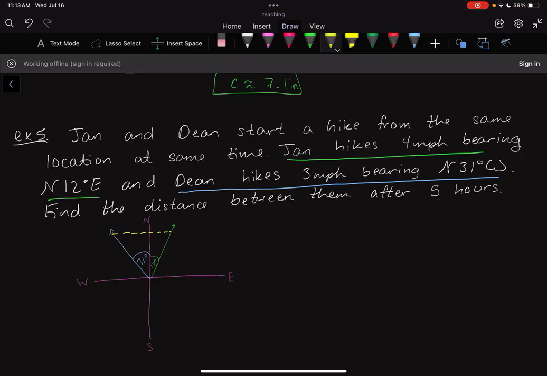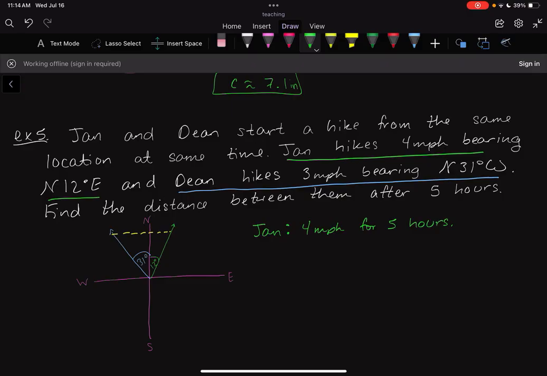Now it's looking like I have my central angle, but we have to figure out what the side lengths are. So think about this. If Jan hikes 4 miles per hour, how many miles does she hike after 5 hours? So Jan is 4 miles per hour for 5 hours.